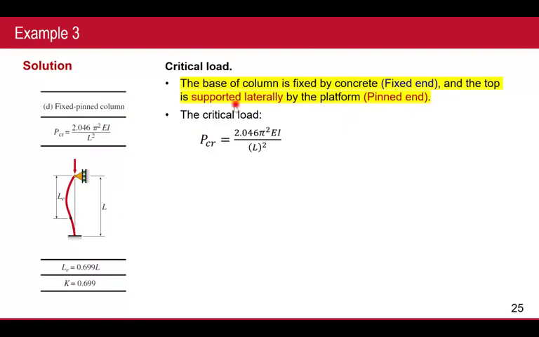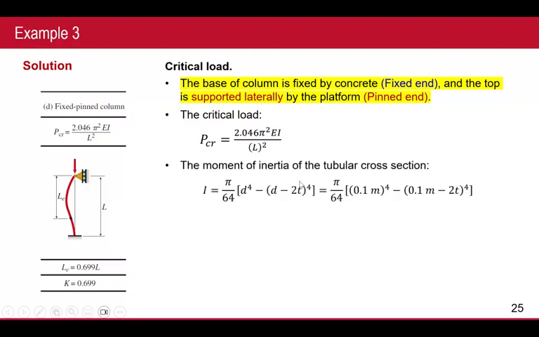You see the base of the column is fixed by concrete, and the top is supported by the lateral platform, that's a pin. So that's why we can use this equation. Pcr is this equation. Clear?